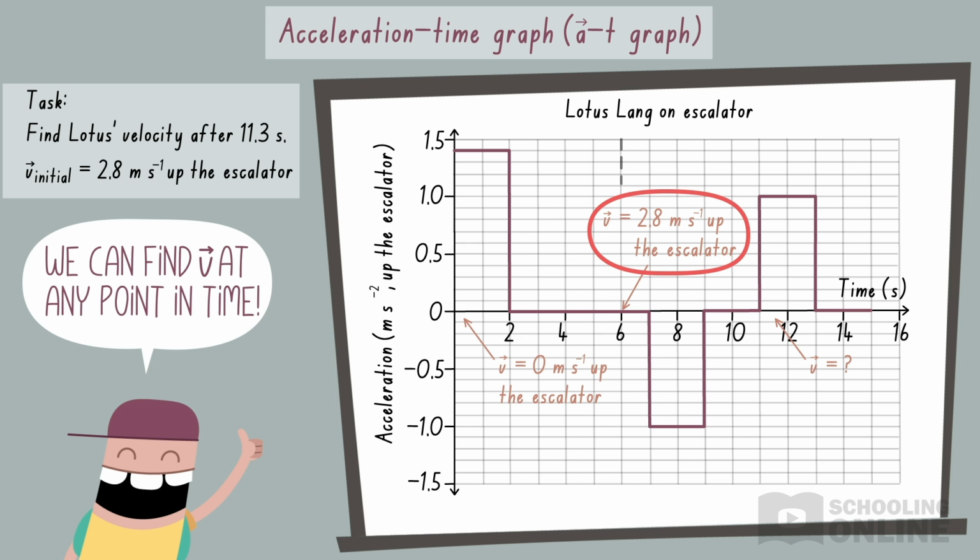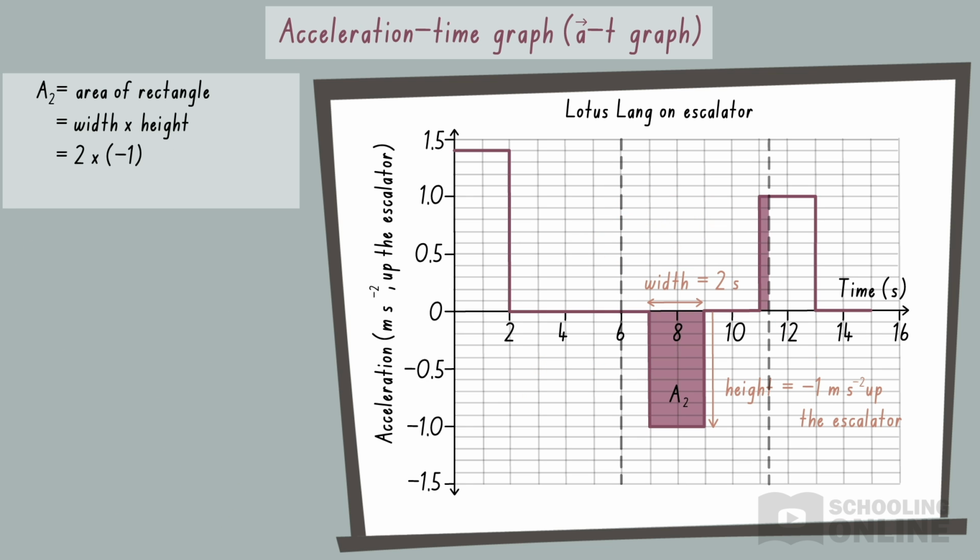Once again, we annotate the figure and calculate the area between the graph, horizontal axis, 6 seconds and 11.3 seconds. The rectangle below the horizontal axis has an area of minus 2 metres per second up the escalator. The negative area means that Lotus's velocity decreases.